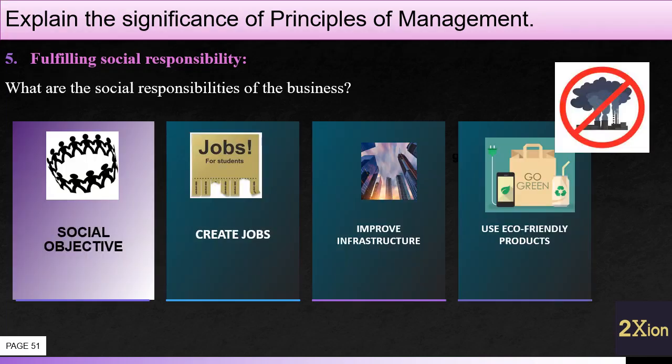Organization is liable to serve the community by providing them with jobs, improve infrastructure, not to pollute the environment, and also use eco-friendly products which are not harmful to the people and to the environment.